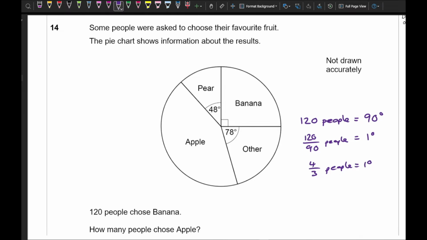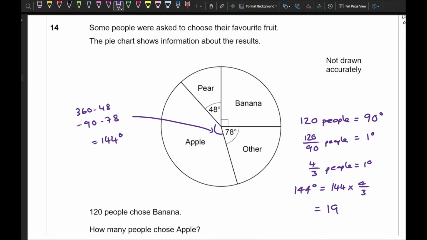Now in terms of apple, we want to work out what degrees this is, so I just do 360 minus 48 minus 90 minus 78 to give me the angle for apple, in which I get 144. So then 144 degrees is going to be 144 times 4 over 3, which gives me an answer of 192 people.